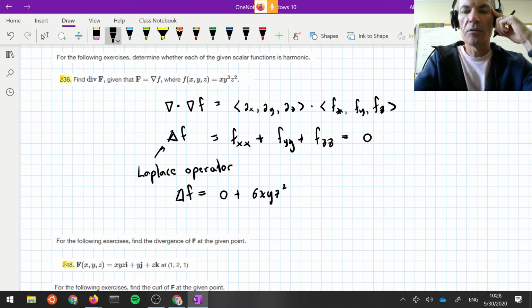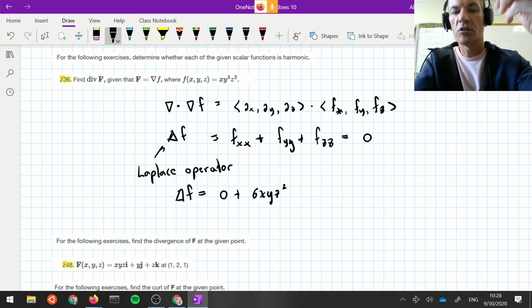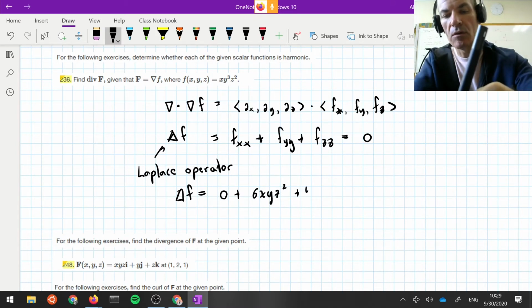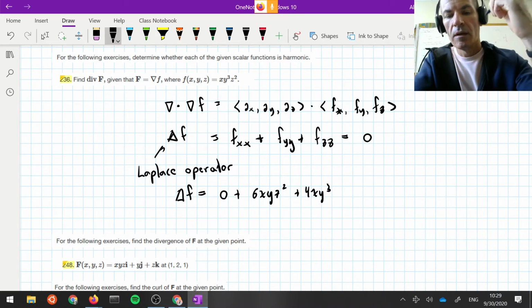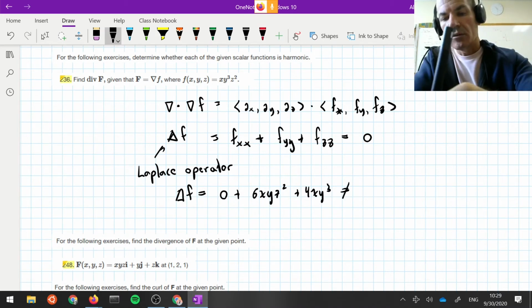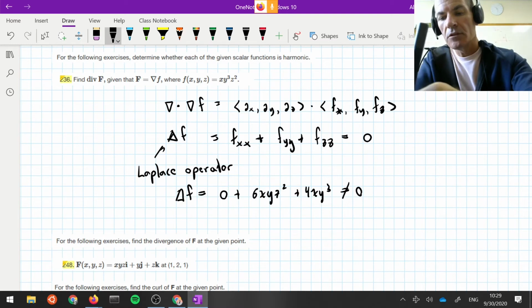And then finally, two derivatives in z. The first derivative is going to be 2xy cubed z, and the second derivative is going to be 4xy cubed. This is not generally 0, so not harmonic.